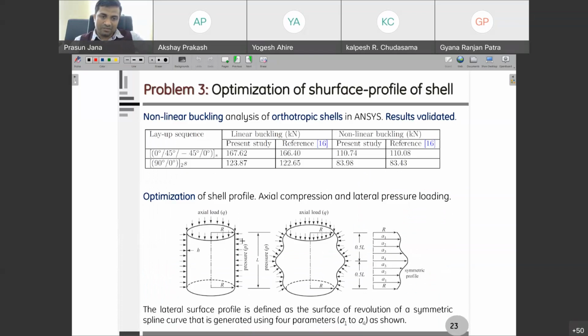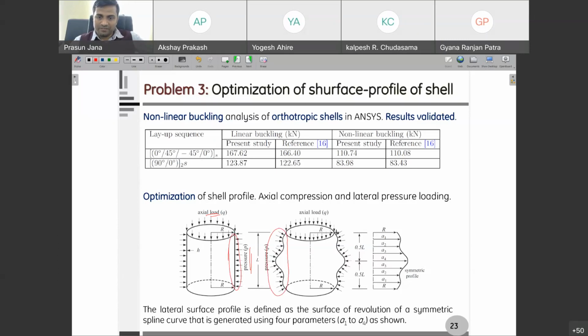And now in aerospace structures, this kind of geometry is also used. Let us say I have a cylinder subjected to both axial load and lateral pressure load. Here we are trying to see what surface profile will give maximum buckling strength.